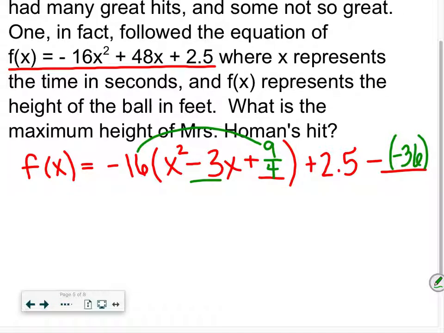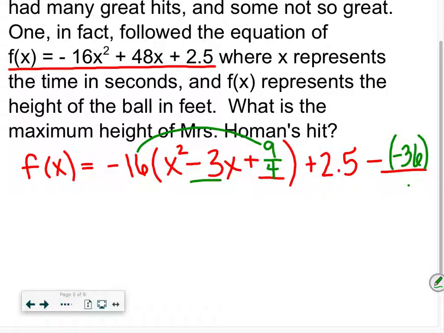But you didn't do that to the rest of the problems. Right, because this is out here, which is why we have to put negative 36 here. If I were to distribute that negative 16 through and combine like terms, we need to get back up here.